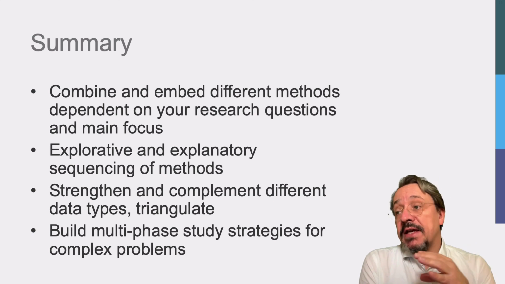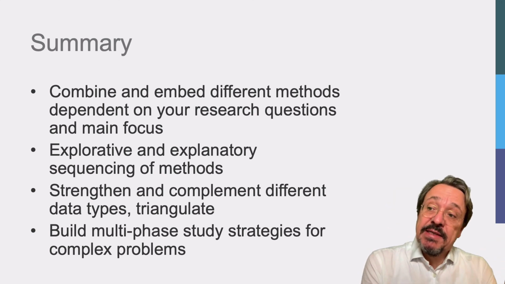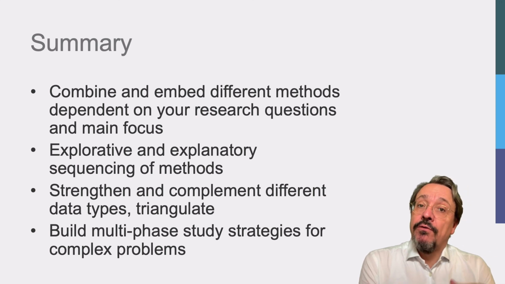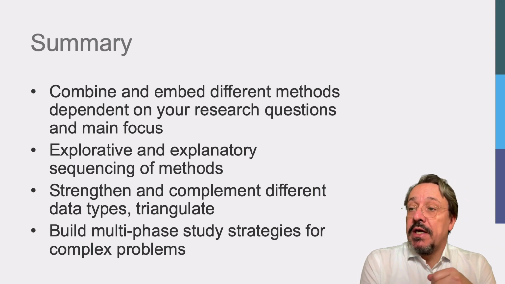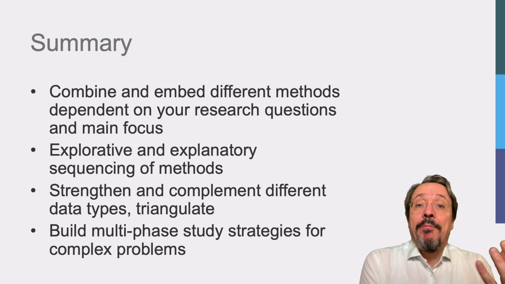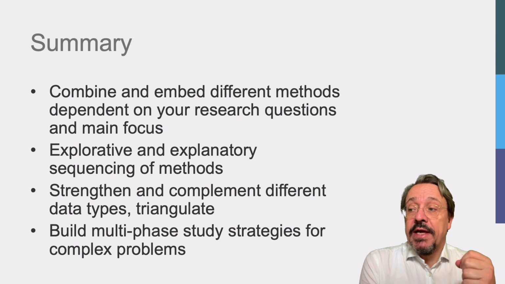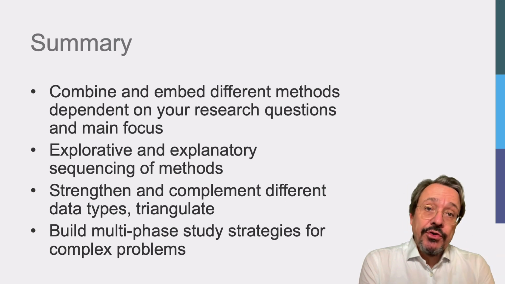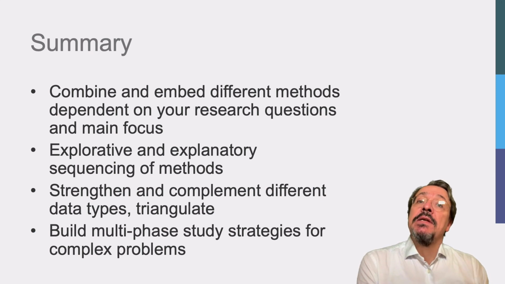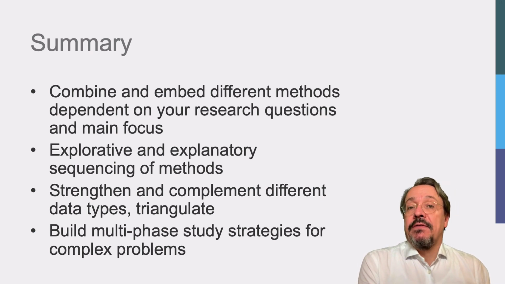You have exploratory ways, you have explanatory ways. So the sequence is important for what kind of questions you can answer. And of course, the data can also be combined and triangulated in different ways. And if you have a longer term project, of course, be sure to think in multi-phase sequencing of mixed methods.